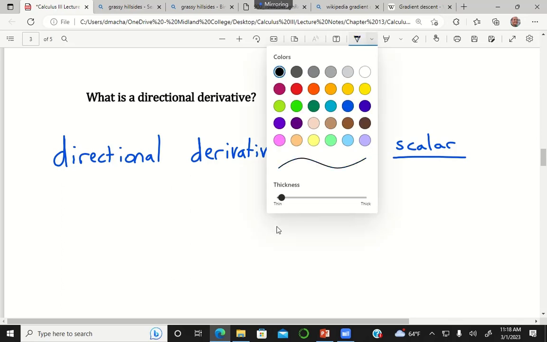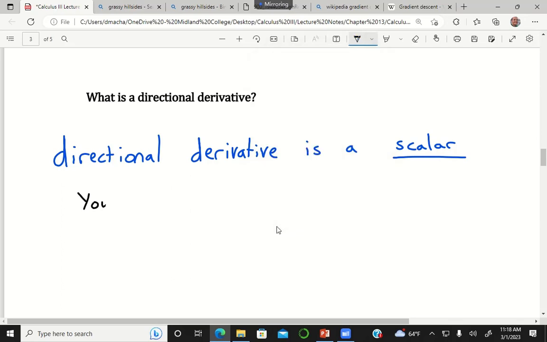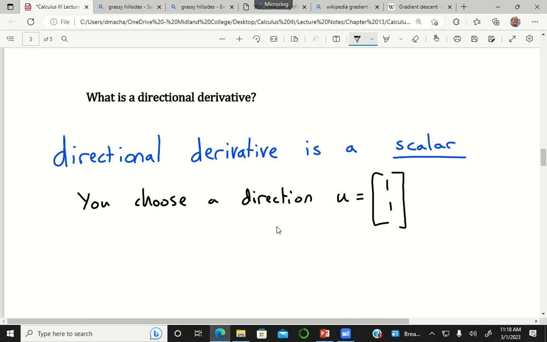Basically, you choose a direction, and the direction that you're giving has to be a vector. So we'll say u is a vector with direction 1, 1. So that way you're pointing along the line y equals x in the first quadrant, pointing away from the origin.